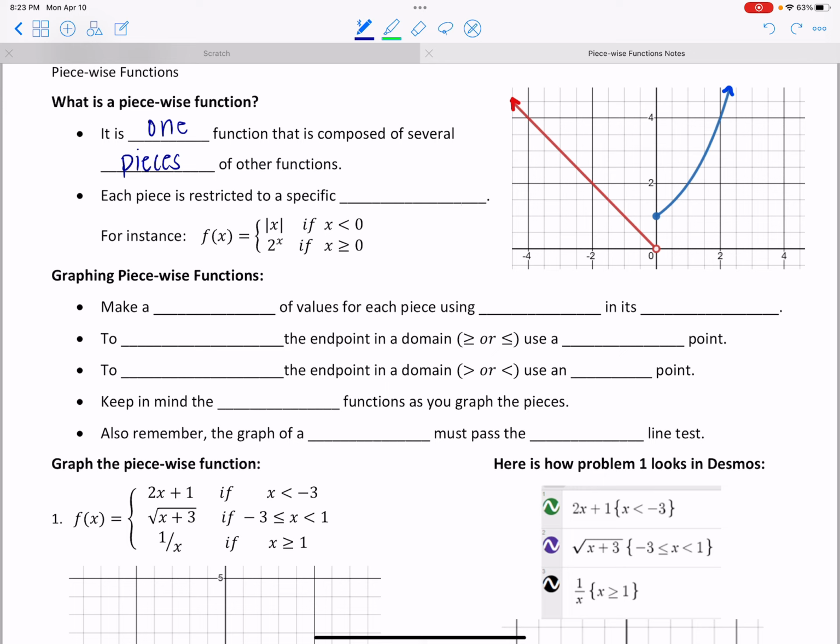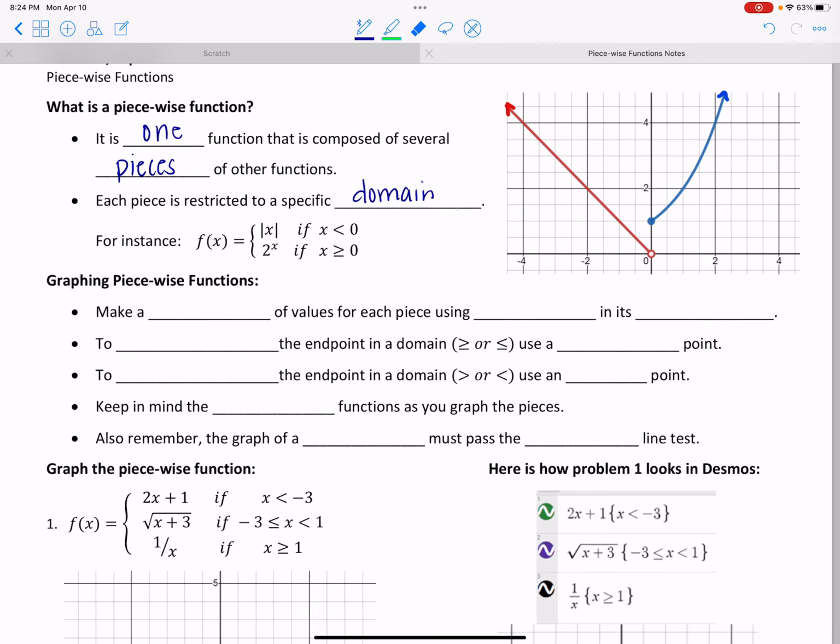So each piece of our piecewise function is restricted to a specific domain, and then if those domains don't overlap, so if, for example, we have all the x's less than 0, then all the x's greater than or equal to 0, there's no overlap there, then you won't have any overlap in your pieces, and then you should be maintaining a function.